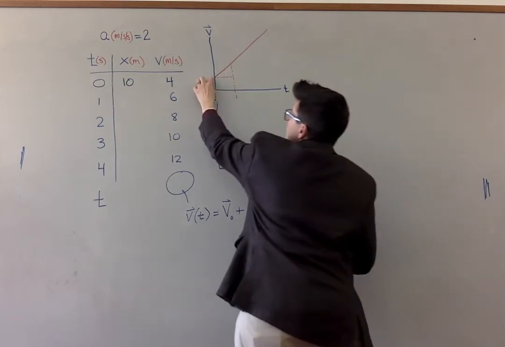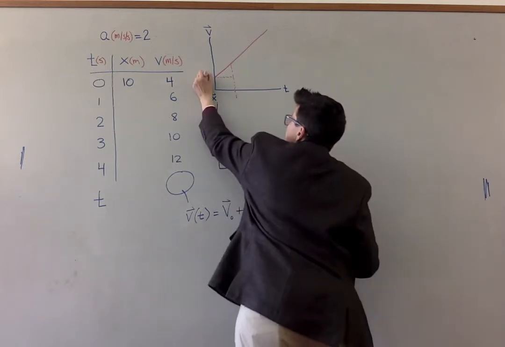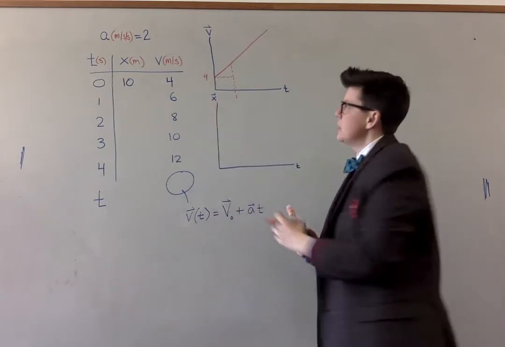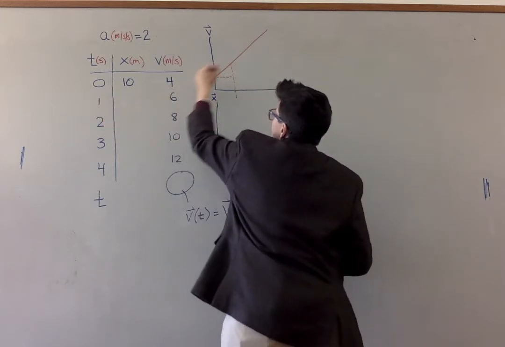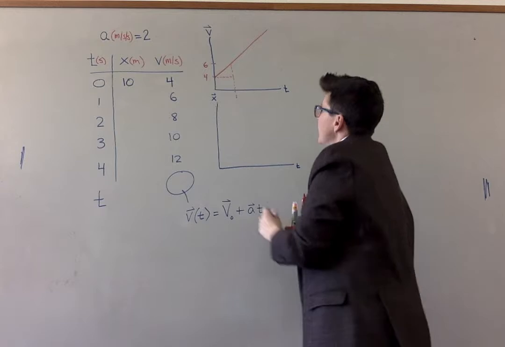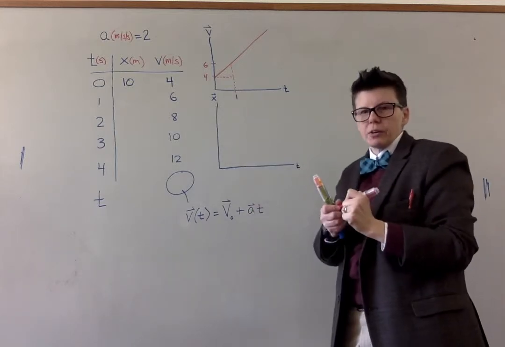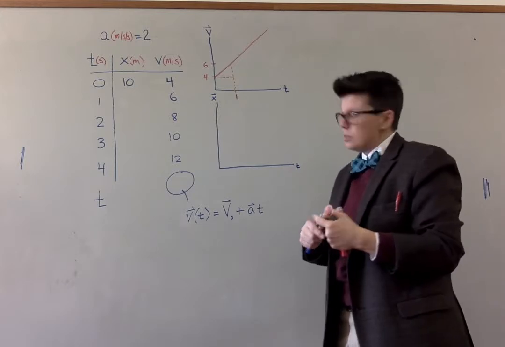So the initial velocity here is 4 meters per second. The final velocity at 1 second here is 6. And this over here is 1 second. So I have all the dimensions I need in order to calculate the area underneath this shape.